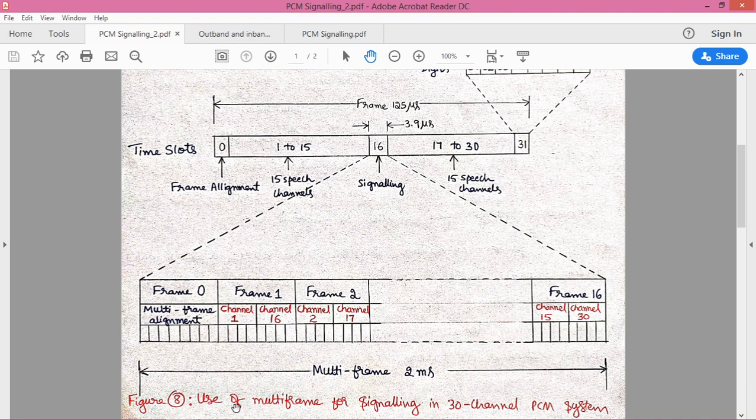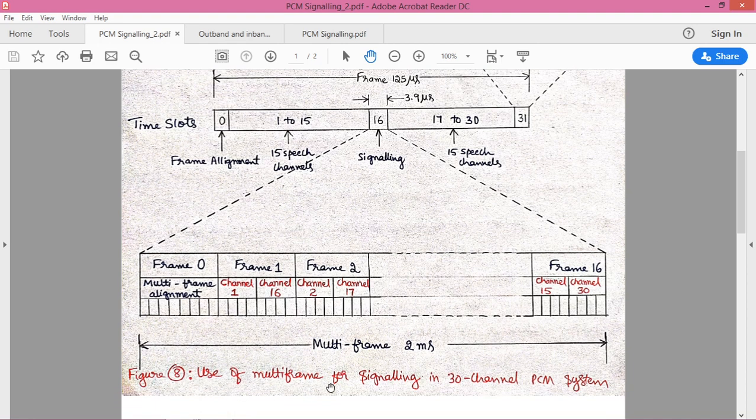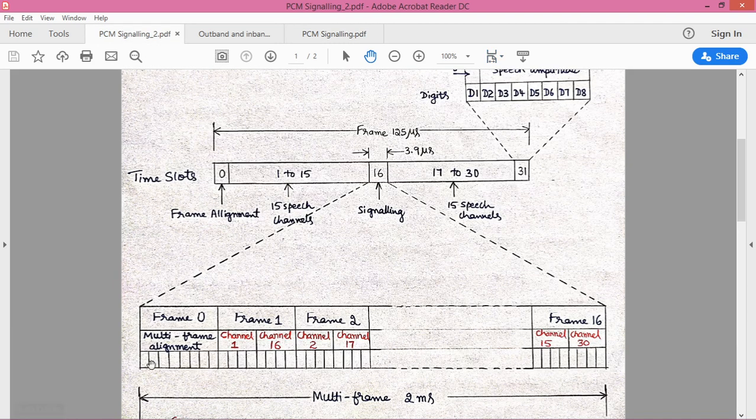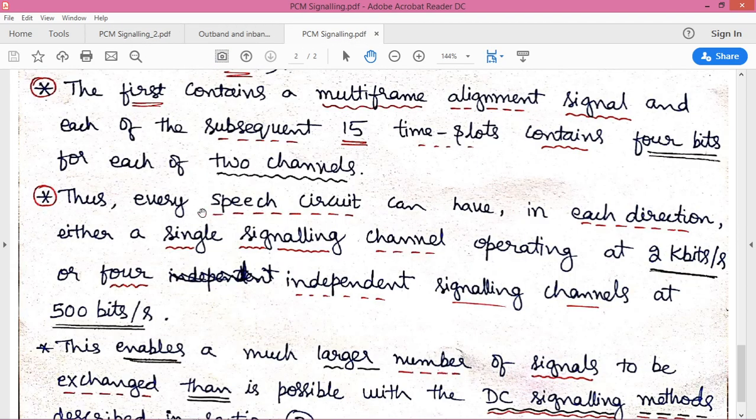So this figure 18 shows the use of multi-frame for signaling in a 30 channel PCM system. Right now we are using 30 different speech channels, that's why we call it a 30 channel PCM system. As defined, the first frame, frame 0, will be used for multi-frame alignment.